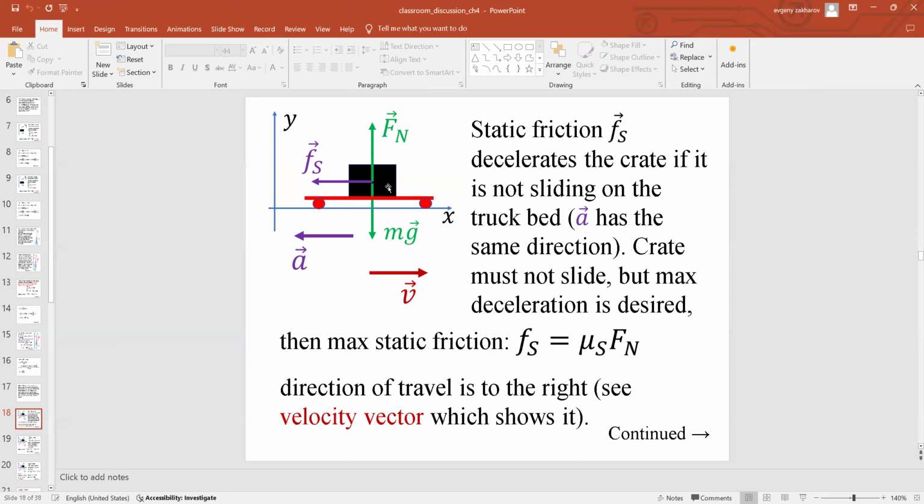Which way is the attempted slide? Well, if that crate is to move, it will hit the cabin, and cabin is right here. So potential motion would be to the right. That's why the friction force is opposite. It's always opposite to the direction of attempted slide, so it is to the left.